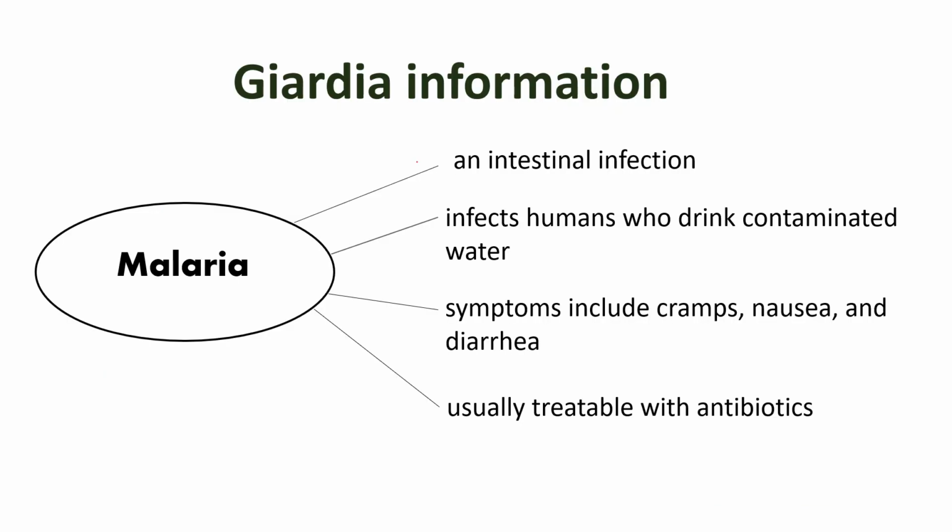It gives you an intestinal infection from drinking contaminated water, and the symptoms include cramps, nausea, and not just diarrhea. I mean, it is like explosive diarrhea. You become dehydrated, you vomit, and actually my husband has had this before, and he said it was the worst thing in the world.